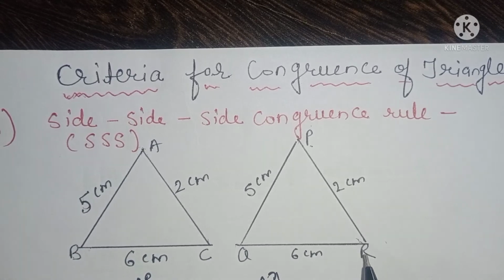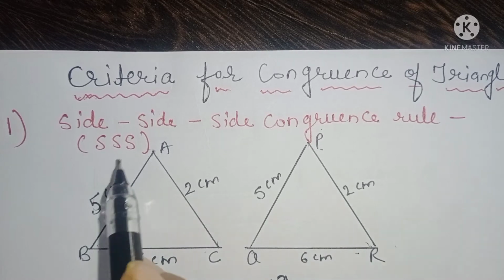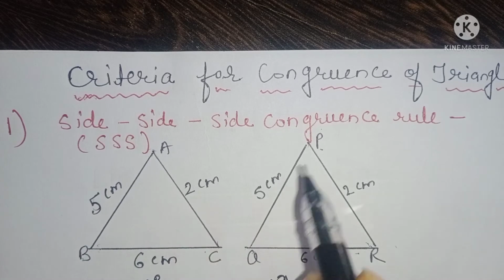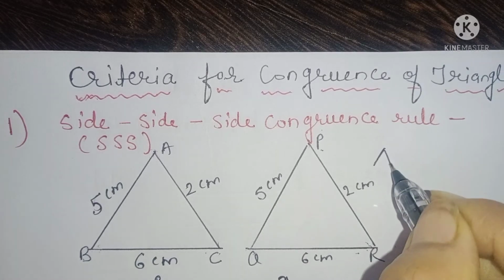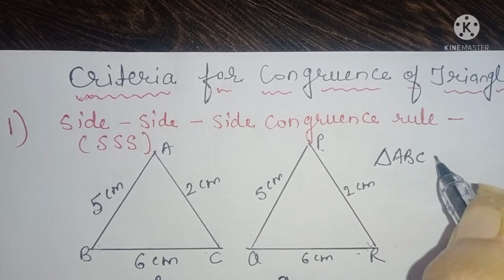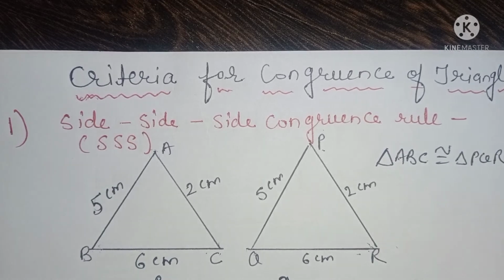So here we can say the triangle ABC is congruent to triangle PQR, and the corresponding sides AB is equal to PQ, BC is equal to QR and AC equal to PR. So you can write triangle ABC is congruent to triangle PQR by SSS criteria.